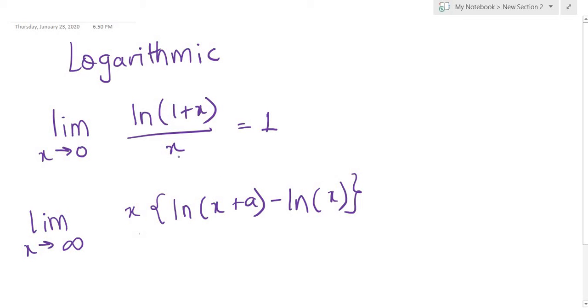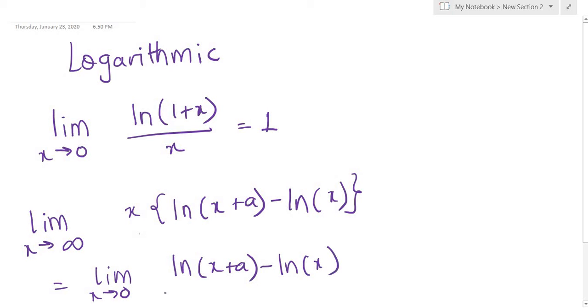Now if you see the formula above, there is an x in the denominator, so I need to somehow bring this x into the denominator. So I'll just rewrite this as (the natural log of (x plus a) minus the natural log of x) all over 1 over x.